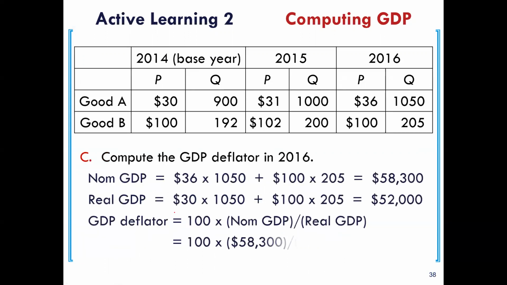And then in question C, we are required to compute the GDP deflator in 2016. As we said, we can compute the GDP deflator by multiplying 100 by the nominal GDP divided by the real GDP. So what this means is that we need to find the nominal GDP in 2016 and the real GDP in 2016.